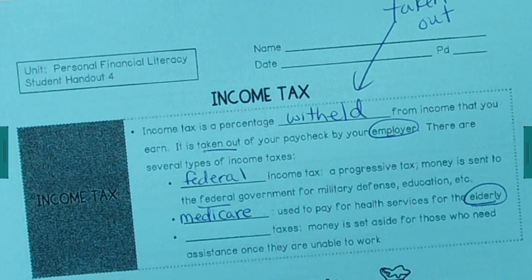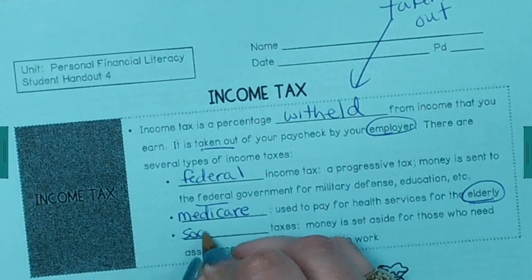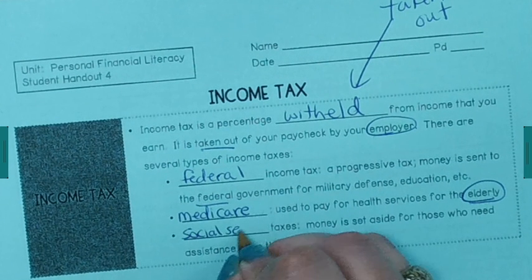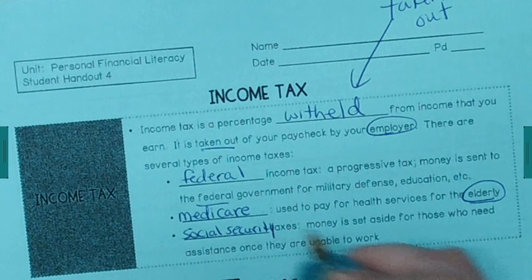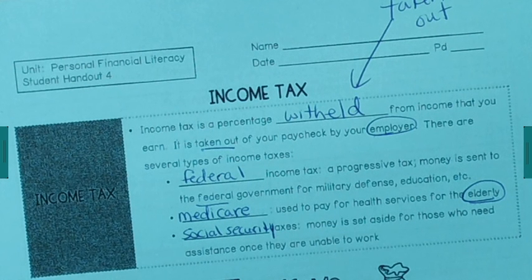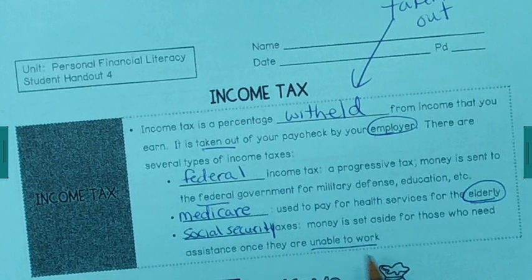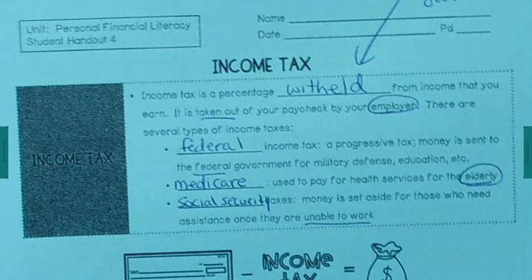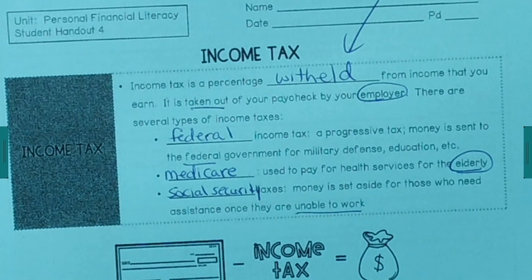And the last tax is Social Security tax. When you turn a certain age, you will start receiving Social Security benefits, and that's where this money comes from. Okay, unable to work. So this is usually people who are a certain age.